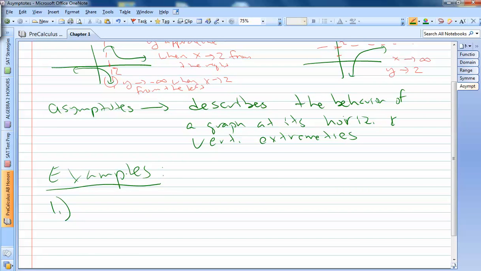And you might want to use a graphing calculator to graph these. But for number 1 through 3, we're going to state the asymptotes.